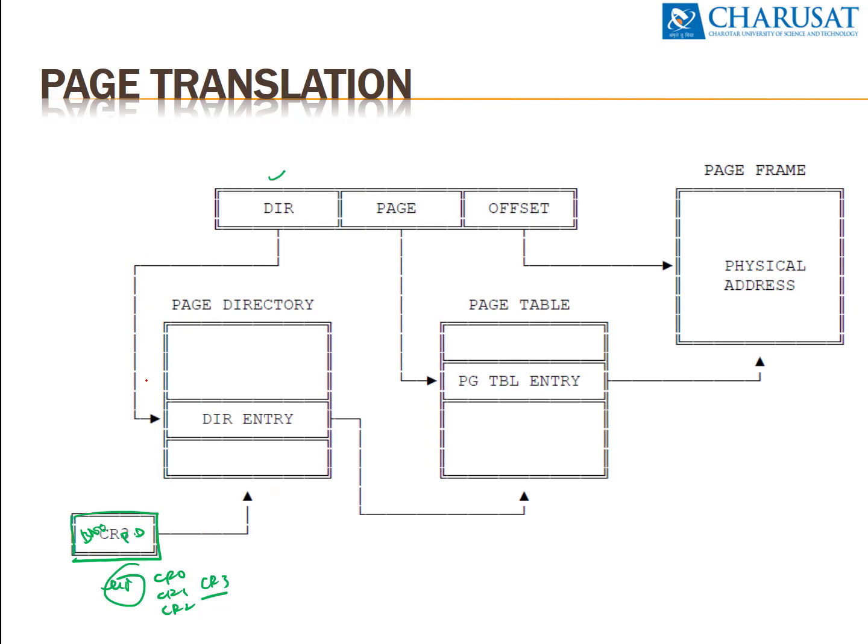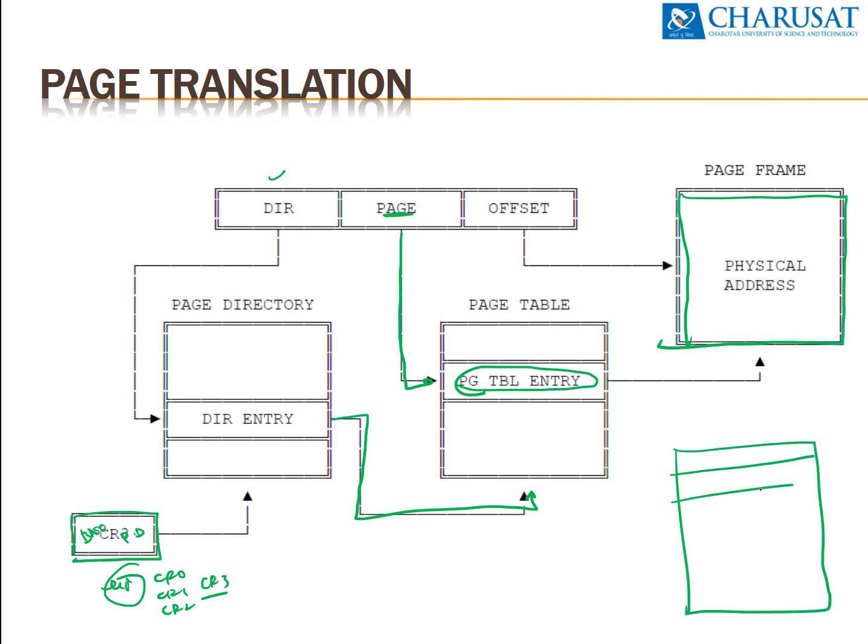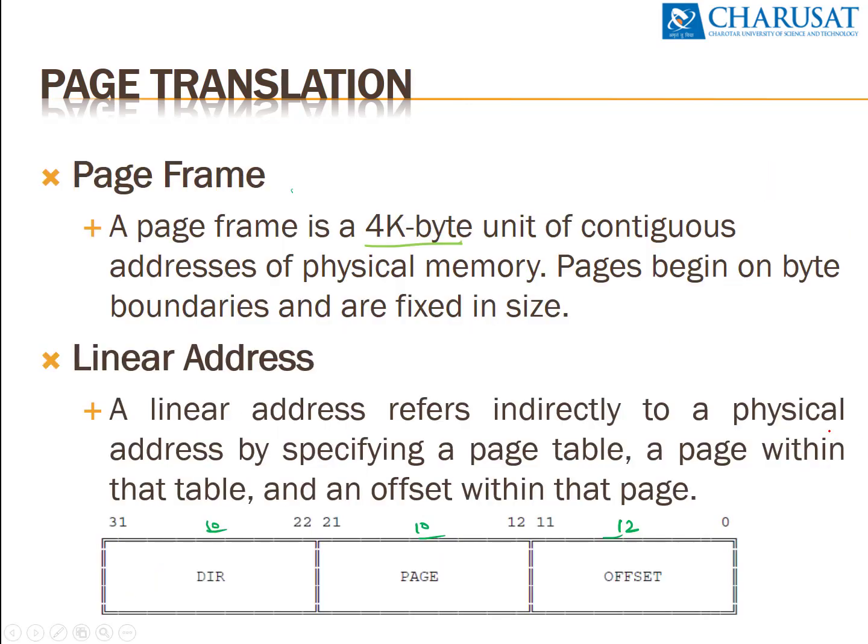Then the index into the page directory gives the base address of the page table, and the page field gives the index into the page table, which contains the base address of the page frame. A page frame is nothing but a memory block. We can consider the memory divided into a number of blocks of equal size, 4 KB. The page frame is 4K bytes of contiguous physical memory.